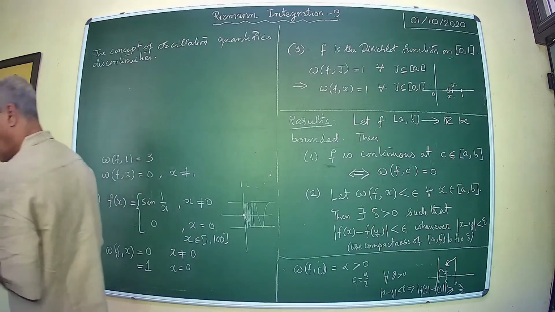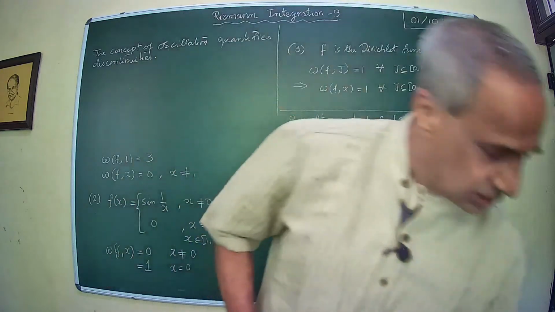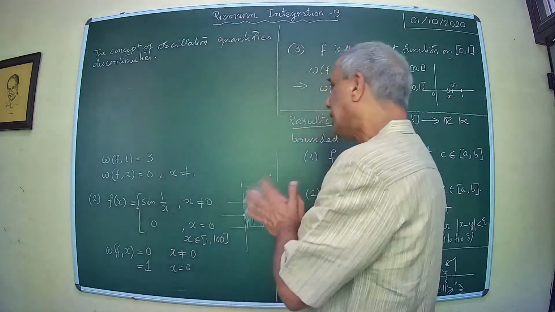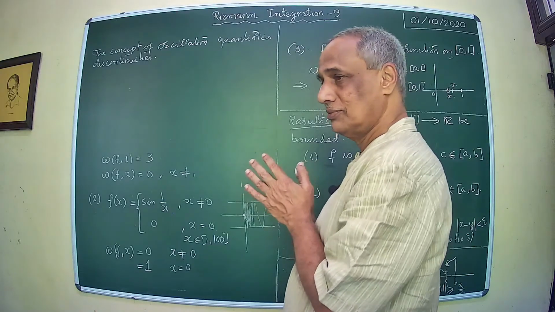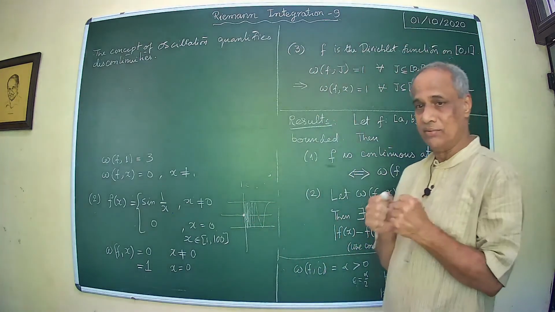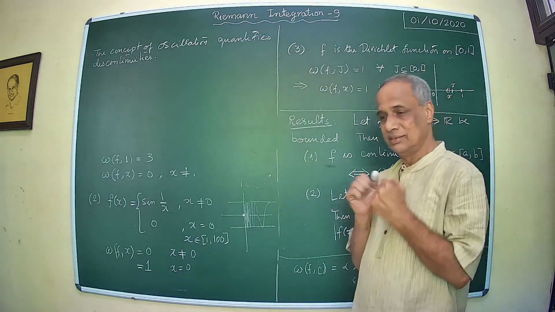Therefore, now what we want to work on is the following. How much oscillation can you have for a Riemann integrable function? This is the question.